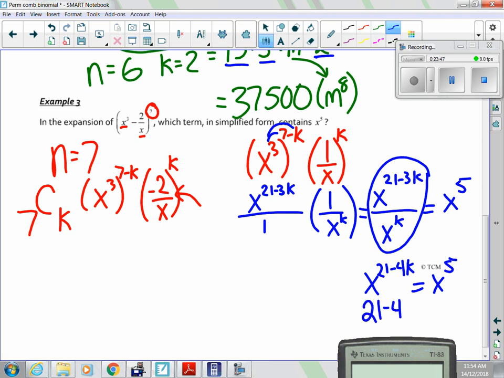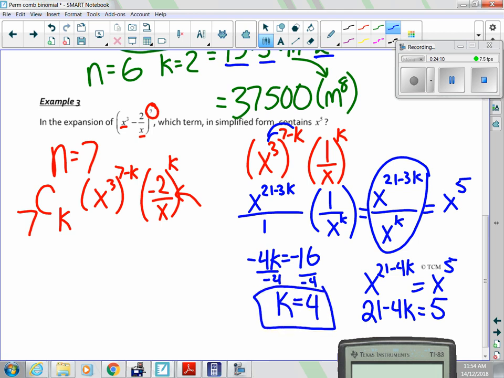Hopefully we remember that from our exponentials unit. So my exponent on the right side is just 5. Now I'm going to subtract 21. I get negative 4k equals negative 16. Divide by negative 4, divide by negative 4, and I get k equals positive 4.